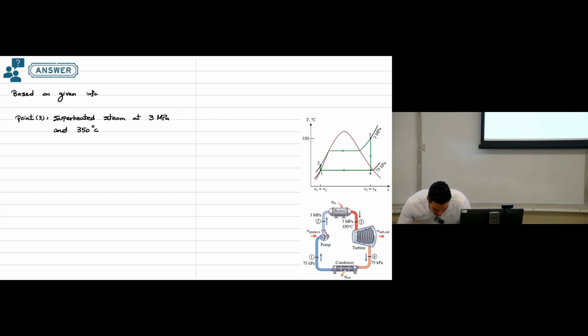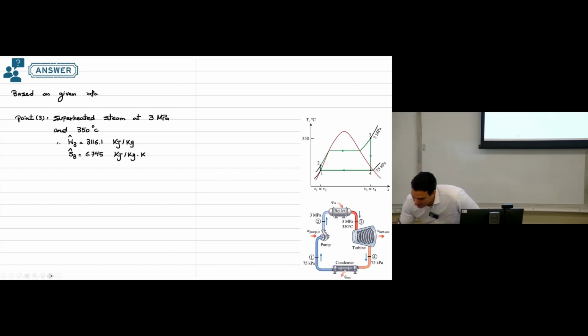So we can go to the steam tables and find the specific enthalpy at point number 3. This one will be 3116.1 kilojoule per kilogram. Entropy at point number 3 is 6.745 kilojoule per kilogram Kelvin.